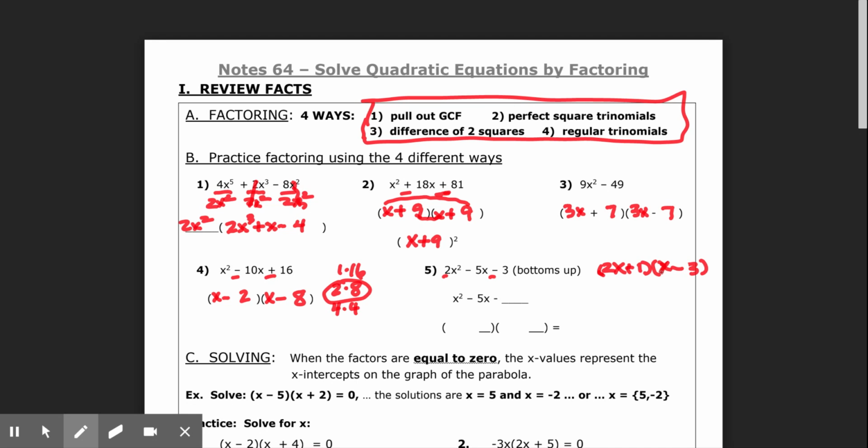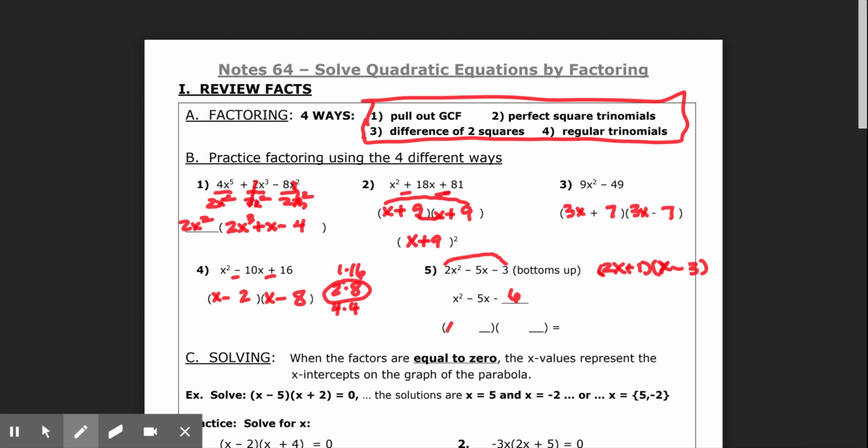However, if you don't want the trial and error, you can use the bottoms up method, which is what you had learned a few lessons ago. So what we do is we multiply. This is your A and your C. So we have x squared minus 5x minus 6. And then we're going to factor that.